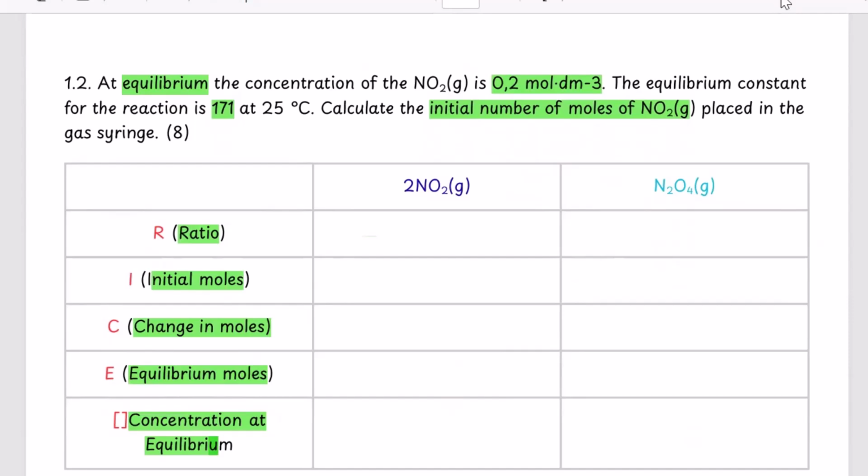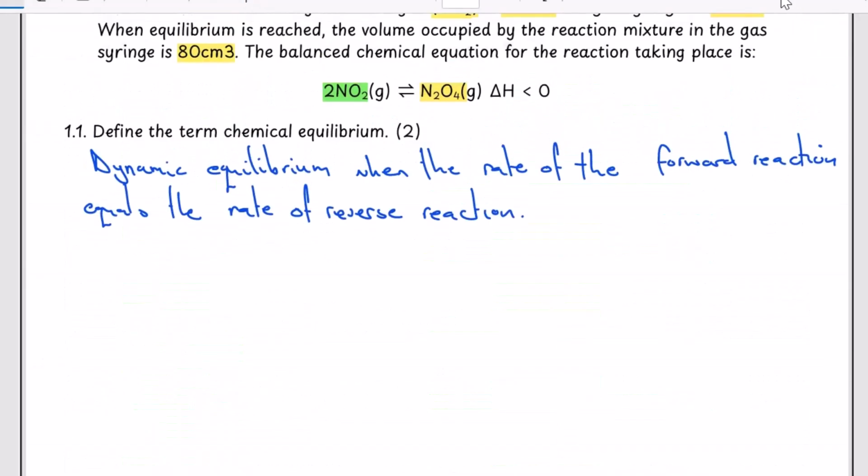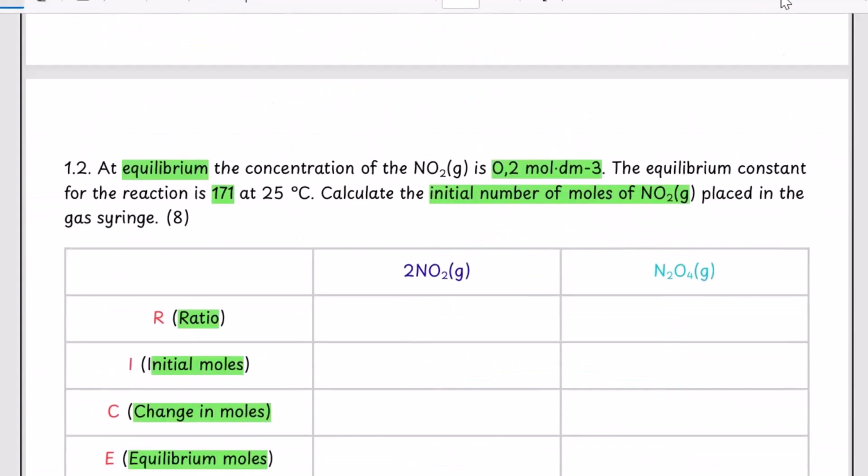Let me rewrite the equation here. Originally we have 2NO2, which is a gas, giving a reversible reaction to N2O4, which is also a gas.